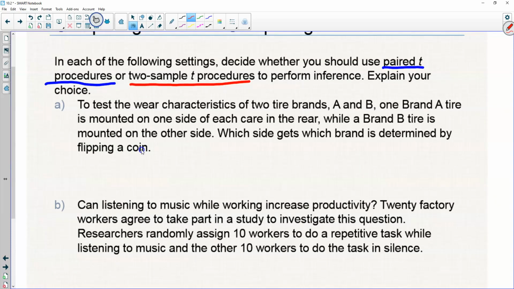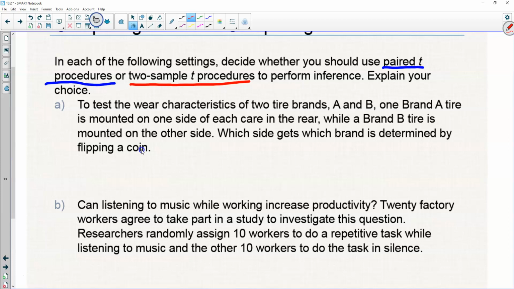To test the wear characteristics on two tire brands A and B, one brand A tire is mounted to one side of each car in the rear, while the brand B is mounted on the other side. The coin gets flipped, and that determines which side the tire goes, the brand that goes on each. So because these are kind of paired, right?